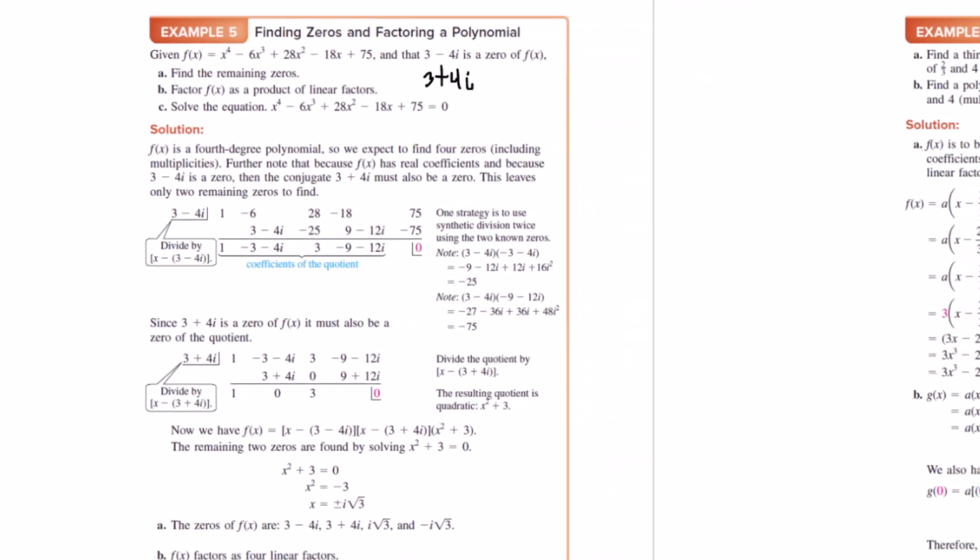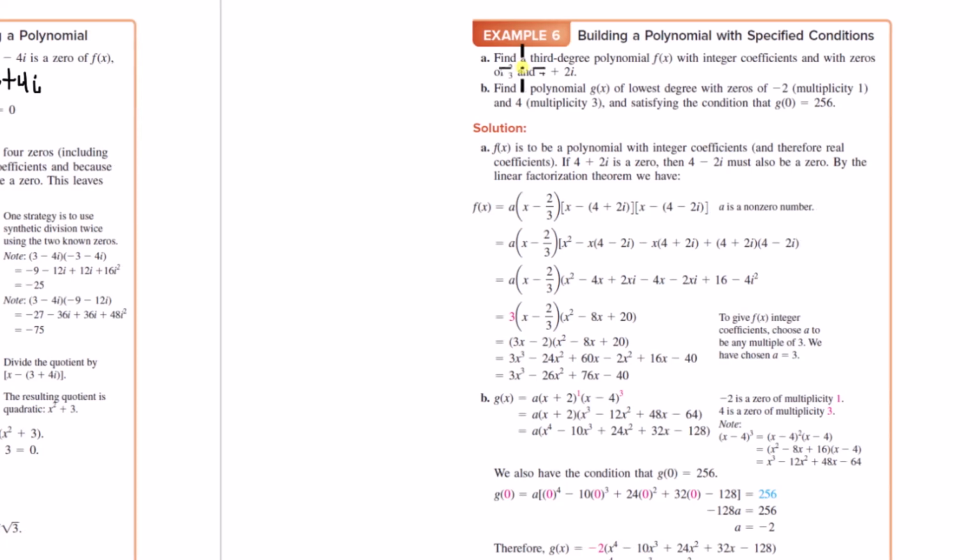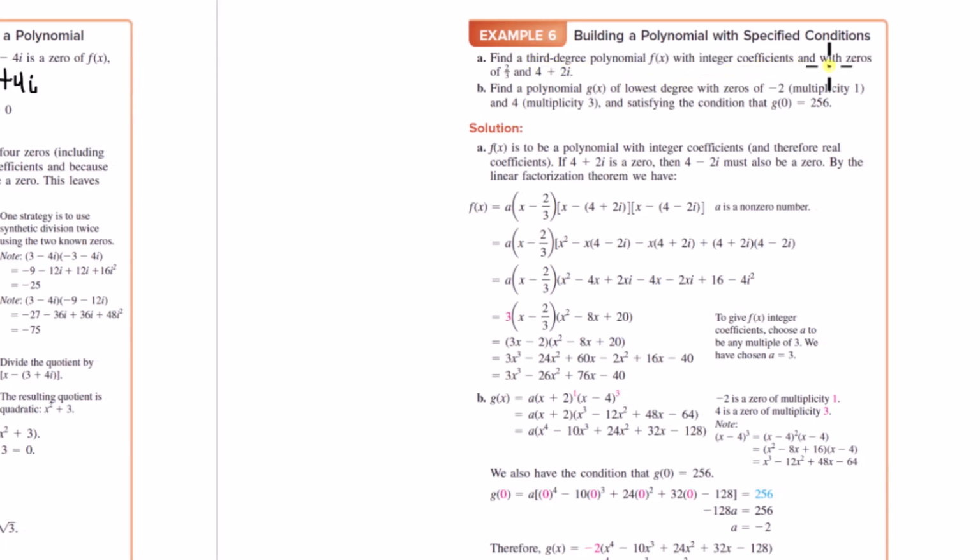Here, building a polynomial with specified conditions: find a third-degree polynomial with integer coefficients and with the given zeros. When you want to build a polynomial from given zeros, you write it out in factored form with those zeros. So x minus 2/3 is 3x minus 2, because if you set this equal to 0 and solve for x, you get 2/3.